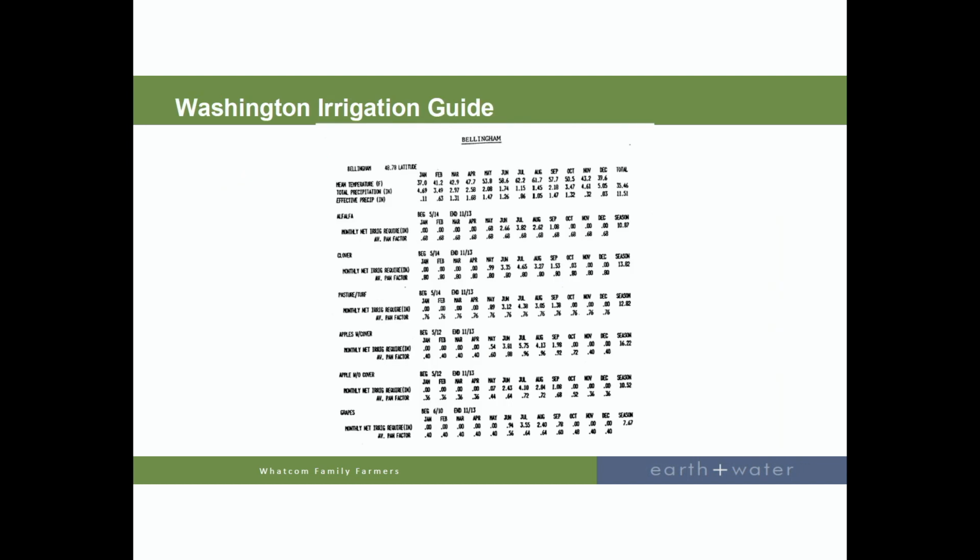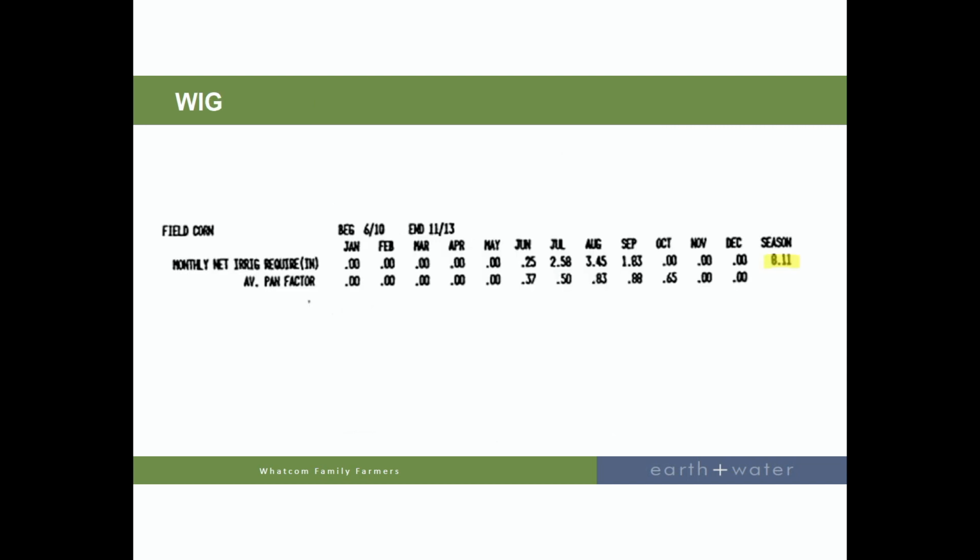And I clipped a section. We can't read this; it's too hard. But this is the 1985 irrigation guide, and I zoomed in. I hope it's sort of legible. This is for Bellingham, and this is just a clip. If you're watering corn, they have field corn, sweet corn, radishes, pumpkins, just about everything you can think of.